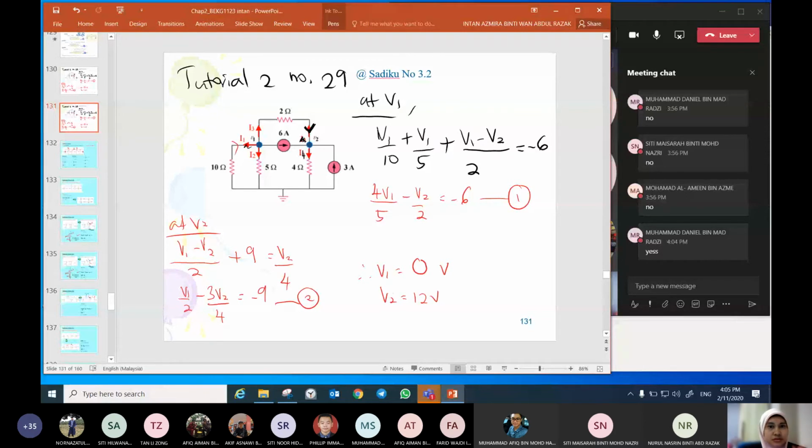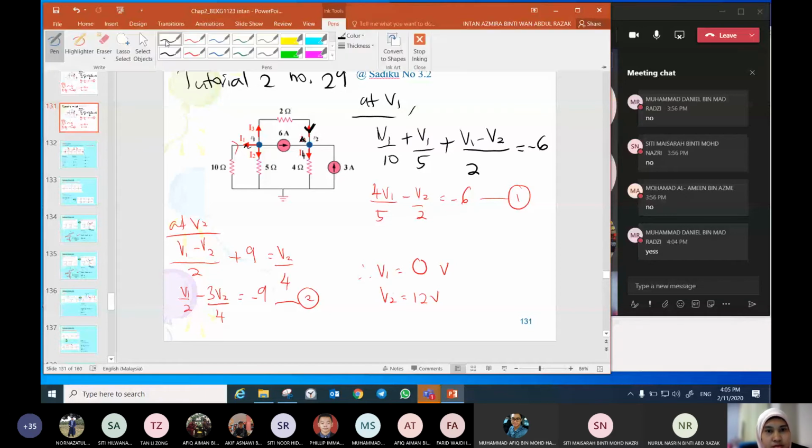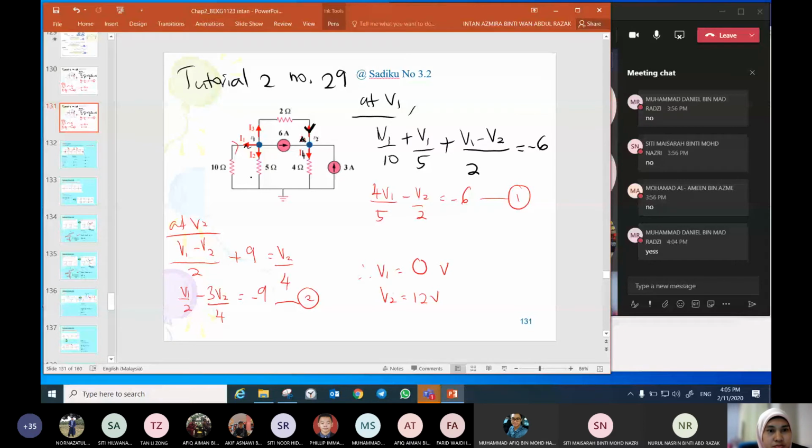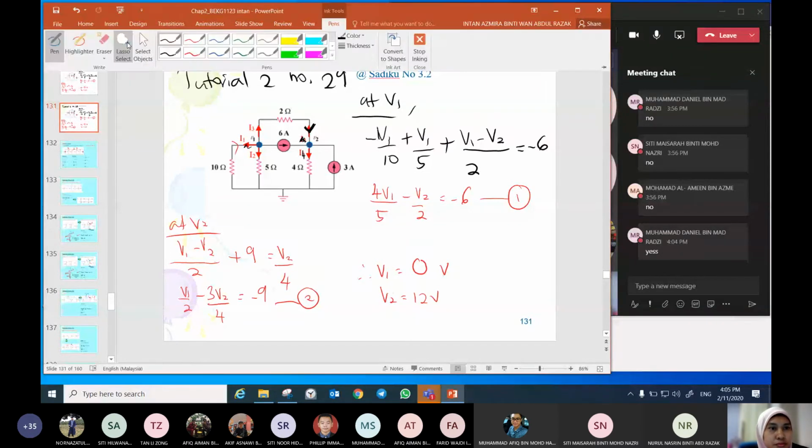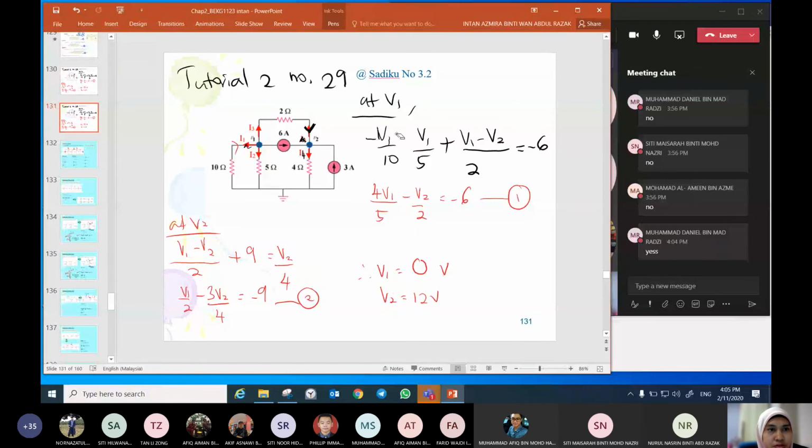Okay, so I1 is equal to minus V1 over 10, because 0 minus V1 over 10, equal to this.